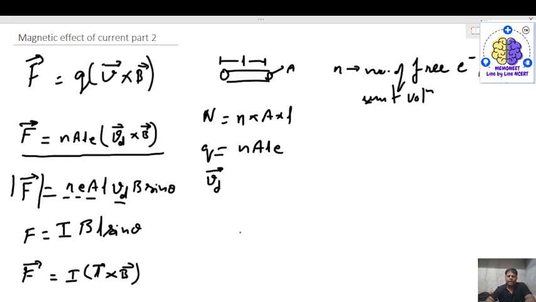So the force on a current carrying conductor placed in a uniform magnetic field is given by F equals I into L vector cross B vector, right?